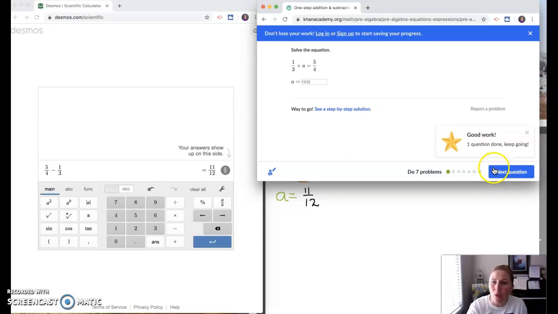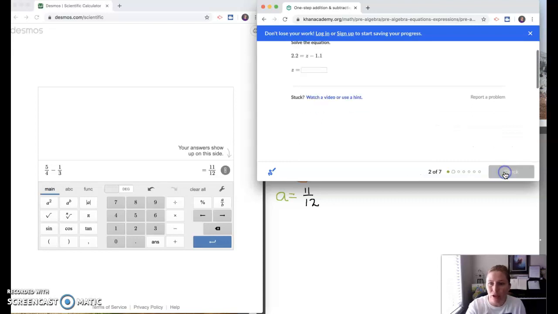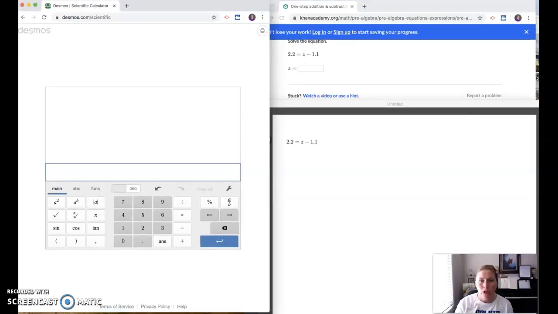Let's do one more, because I think maybe you need just a little more help. The next question looks like this. We have decimals, but we're going to do it the same way, with our three questions. All of these equations we're going to do the same way. First question, what's the variable?